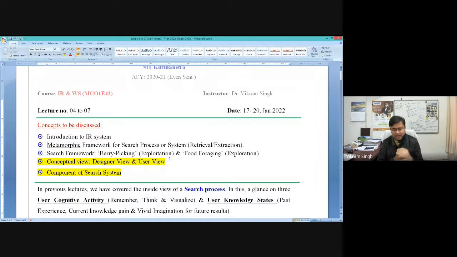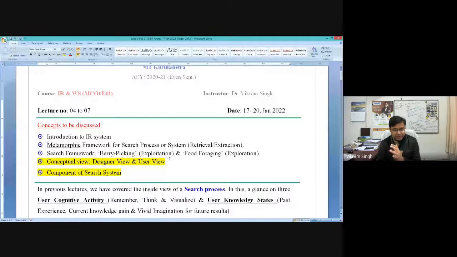There are many such systems on the internet itself, like Just Dial, which is entirely based on berry picking. And if you go for food foraging, Google Scholar itself provides some mechanism which emphasizes food foraging, or exploration-based behavior. But if you are designing a search system or retrieval process, it is suggested that you should have a balance between both, right? That is the suggestion.